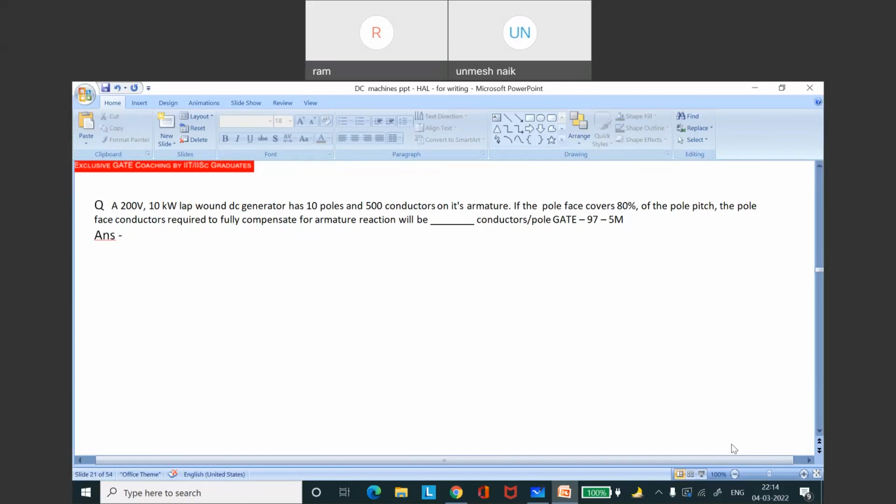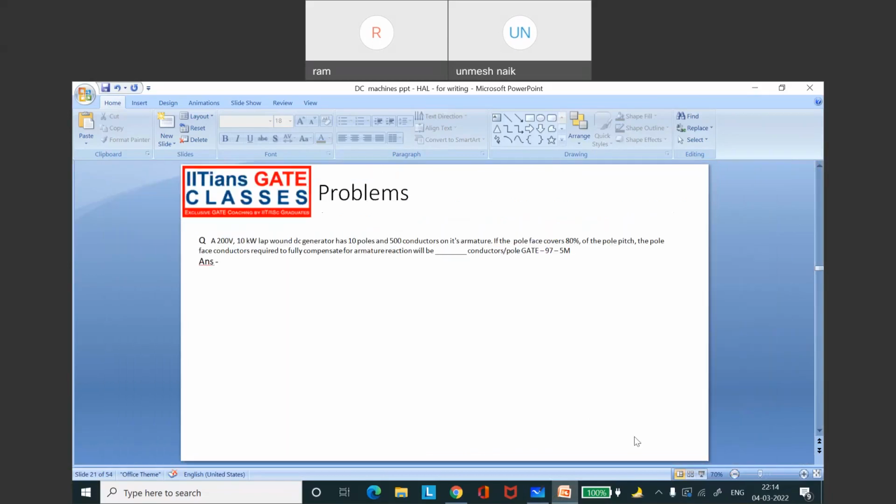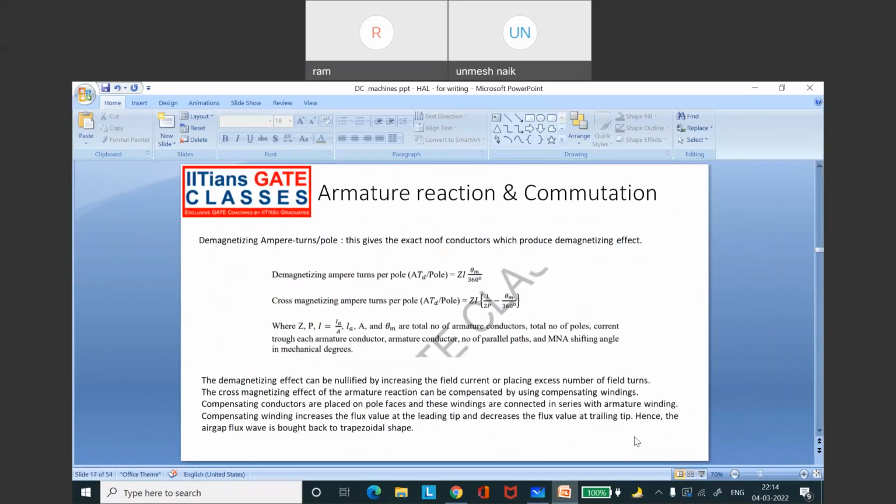Sir, I forgot the formula. Give me a minute. So compensating ampere turns per pole is Z I into 1 by 2p minus theta m by 360.